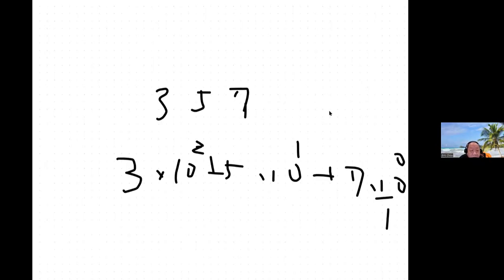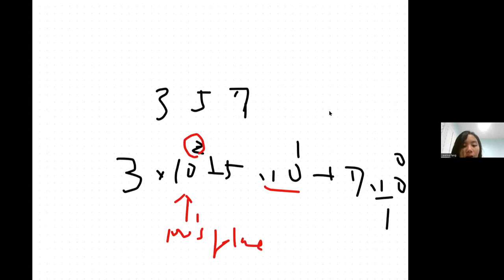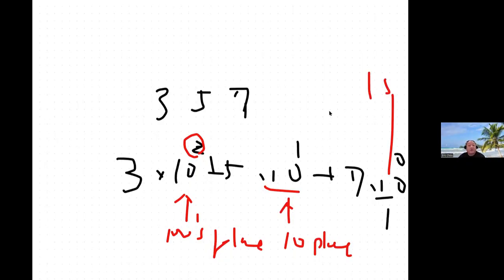This one we call hundreds place. This one we call tens place. This one we call ones place. So you have 3 digits: hundreds place, tens place, and ones place. So that's a place.